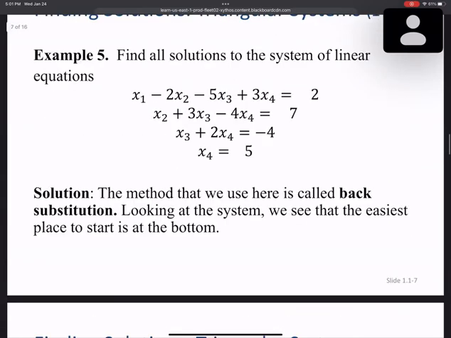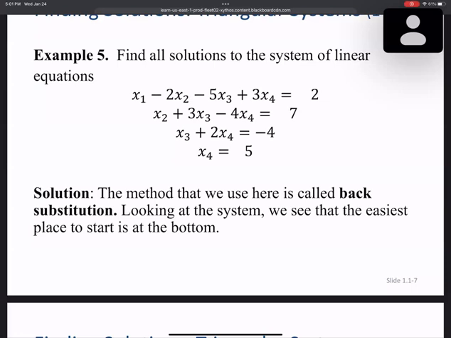I like this example just to mention something here. As part of the review, let me write it over here. Minus 5x3 plus dx4 equals 2.